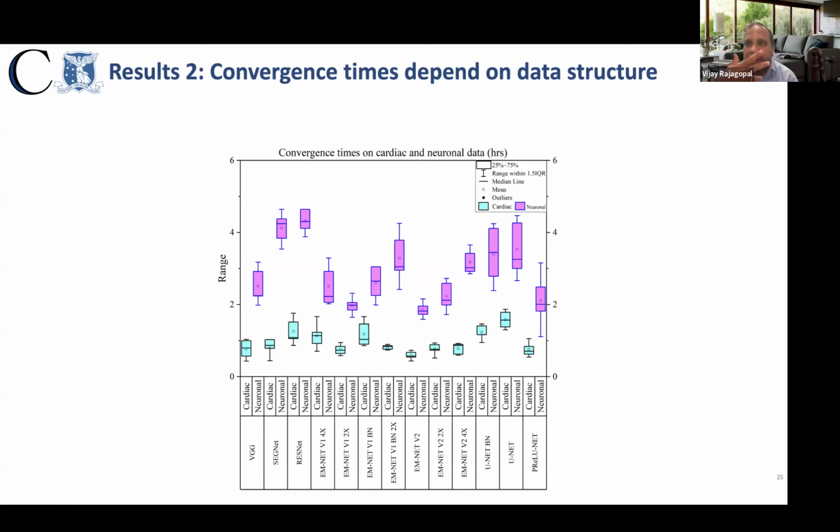So there's something about the image properties of the cardiac that makes it faster convergence time than the neuronal one. One could argue that the cardiac structure is quite repetitive when you compare it to neuronal data sets. And maybe it's that the structure of the cell itself makes for the difference.